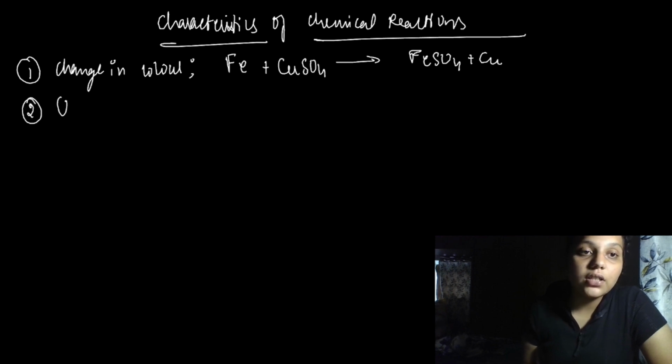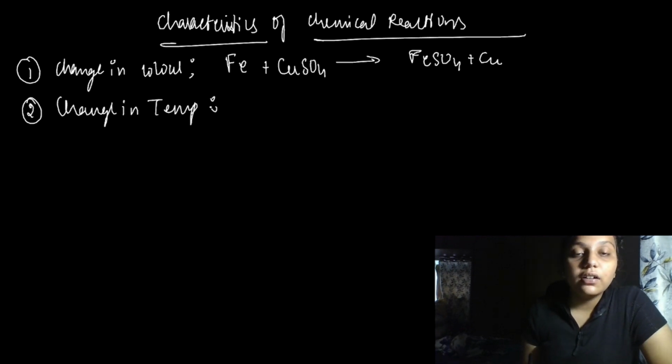The second is change in temperature. Combination reaction we have learned, when we react quicklime with water, we will get calcium hydroxide with the heat which is present in it. So that we can write. In endothermic and exothermic also there are two.